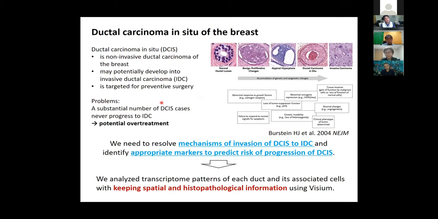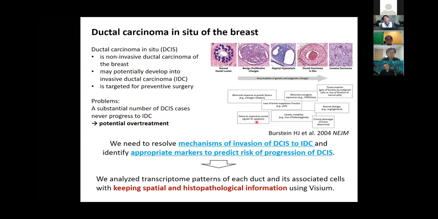But the concern is that a substantial number of DCIS cases may never progress to IDC. So the current preemptive surgery might potentially be overtreatment. So in the first place, we wanted to know the mechanism, how some of the DCIS may develop to invasive carcinoma, others not, and to further understand the mechanism of the initial events, which drive the benign tumor to more advanced tumors.